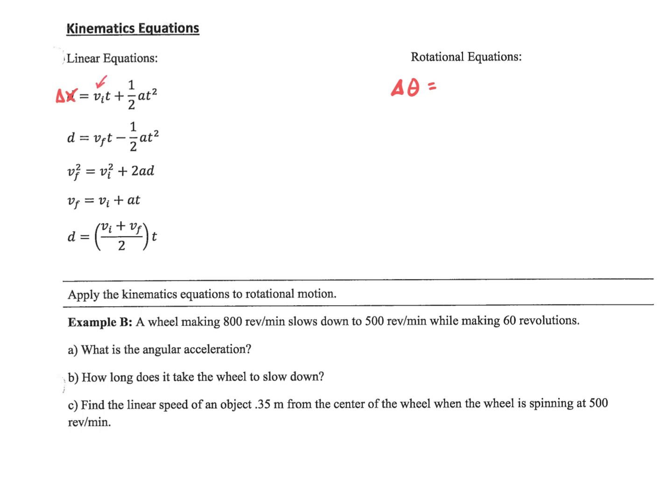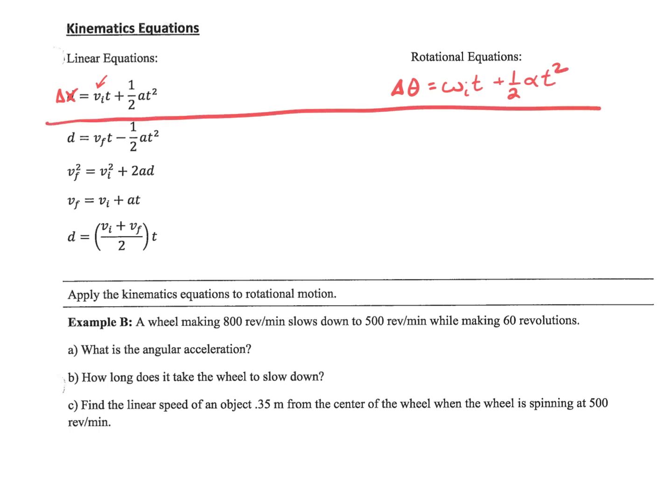Everywhere we have a V, we can put an omega. So omega initial T plus 1/2, and instead of A, we put alpha. And they're exactly the same. So delta theta equals omega final T minus 1/2 alpha T squared.